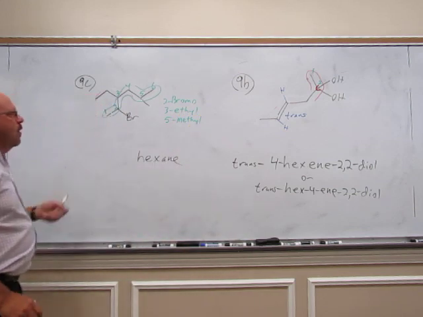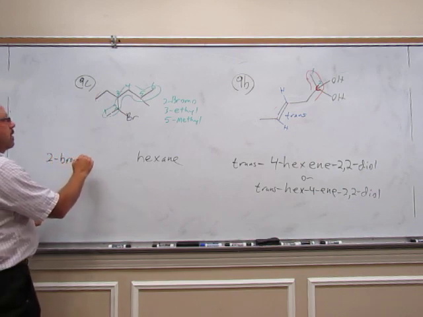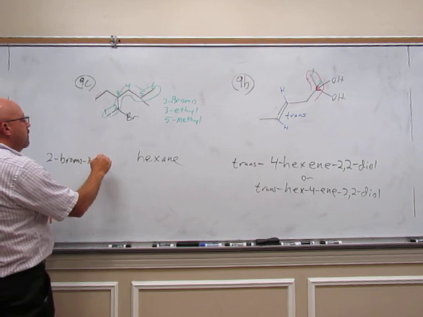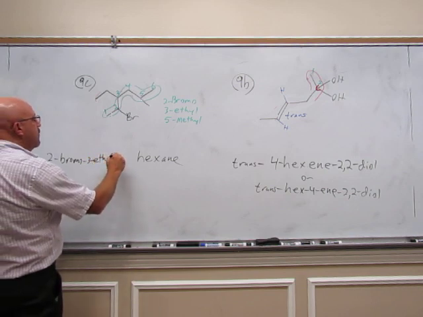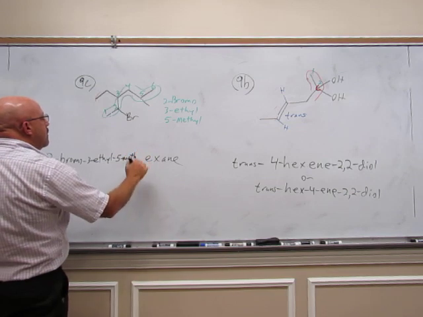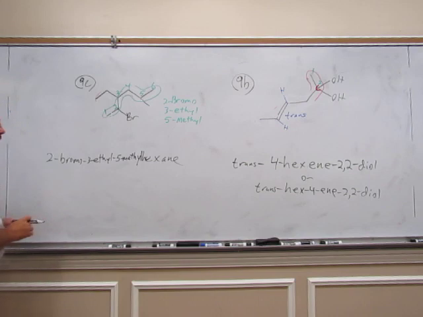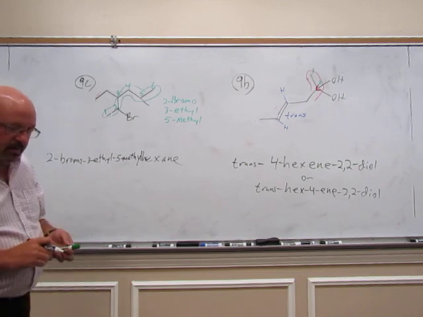So our substituents go out in front in alphabetical order, so bromo comes first alphabetically. So this is a 2-bromo, 3-ethyl, 5-methyl hexane. 2-bromo, 3-ethyl, 5-methyl hexane.